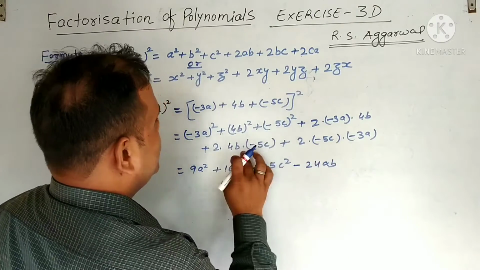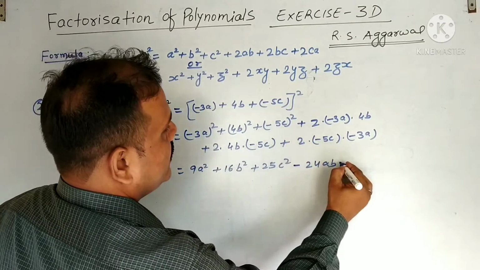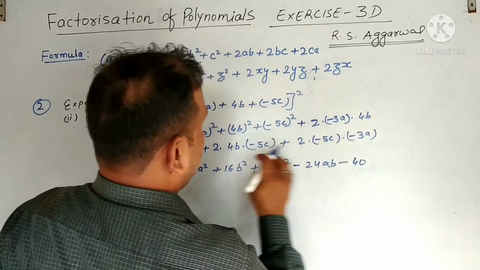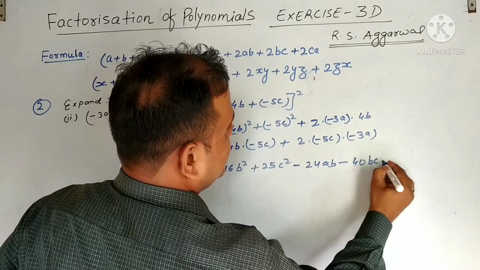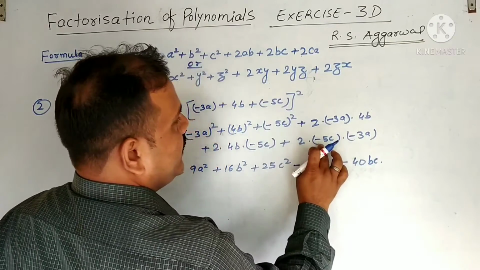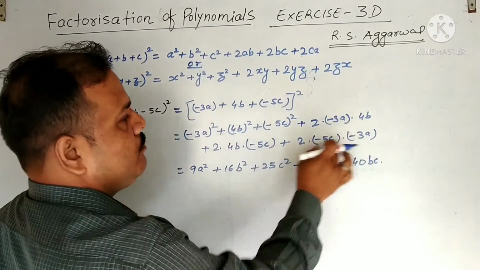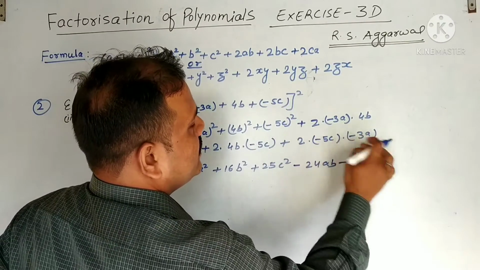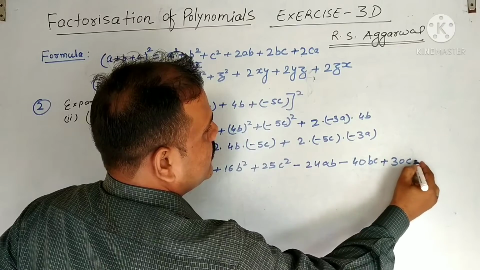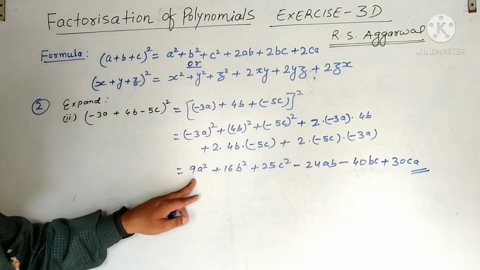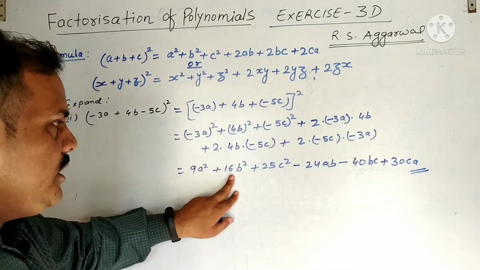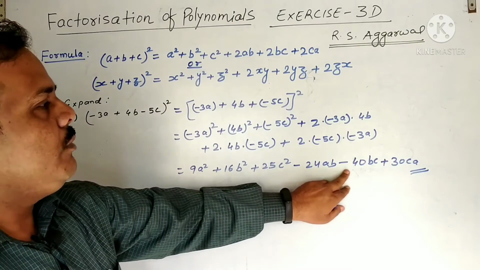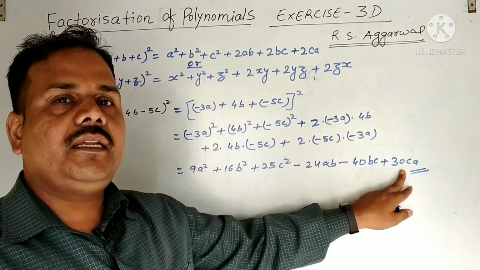Here is minus, here is plus, so again it will be minus. 4 twos are 8, 5 eights are 40, and bc, 40bc. And now here negative into negative, positive means plus, plus into plus, that is plus, so plus 5 twos are 10, 10 threes, that will be 30ca. This is the answer: 9a square plus 16b square plus 25c square minus 24ab minus 40bc plus 30ca.